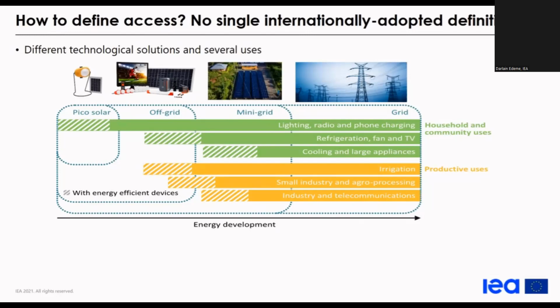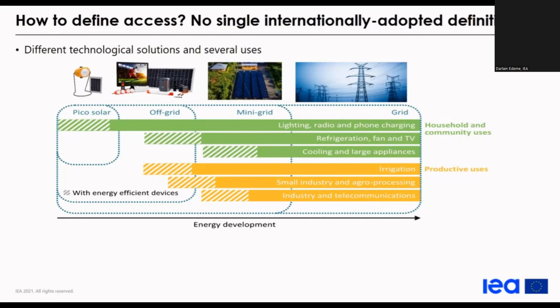Then we enter into a higher level of energy development and service with mini grids, which are small infrastructure developed at the size of a community or a village or for specific needs, and which would rely on different energy sources.